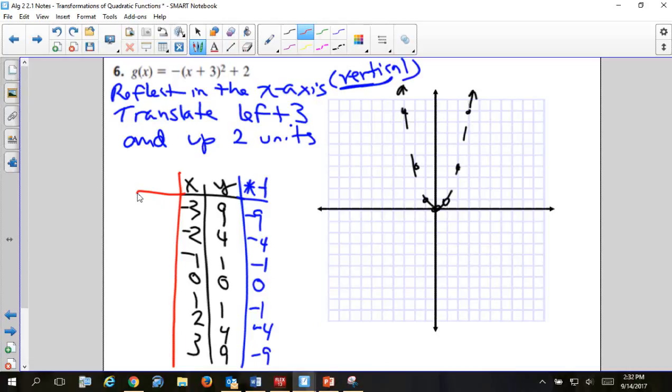Our x's translate left 3. Is left subtracting or adding? Left is subtracting 3 from all of our x's. And then we have to add 2 to all of our y's.